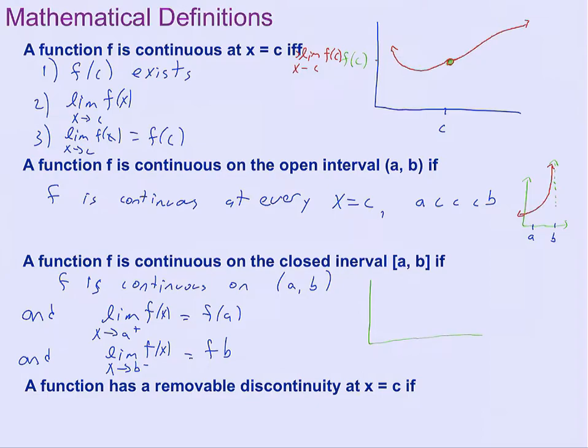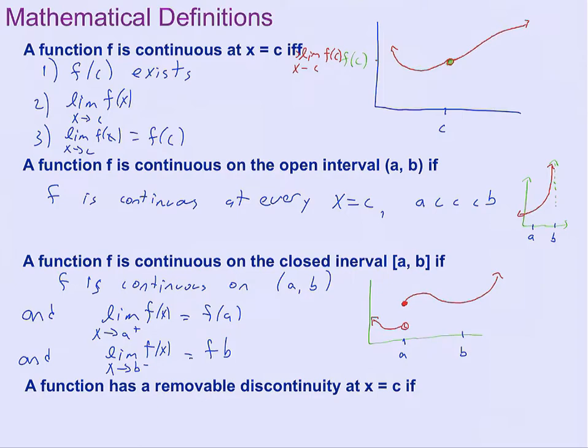Let's say we have a function here with a and b. We could draw a function that is continuous on the closed interval from a to b, even though the function, the entire thing, we wouldn't say the function is continuous at the point a. Let's say it has what's called a discontinuity there.